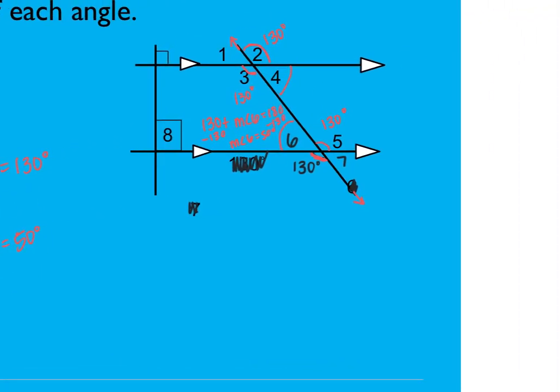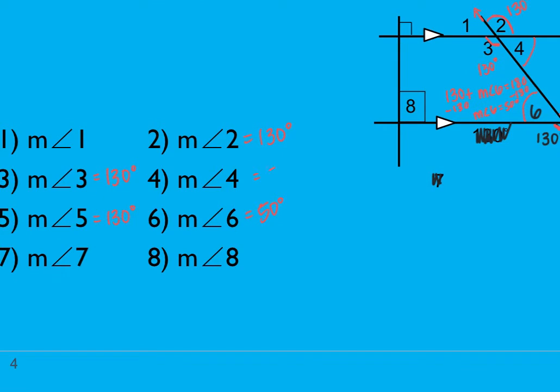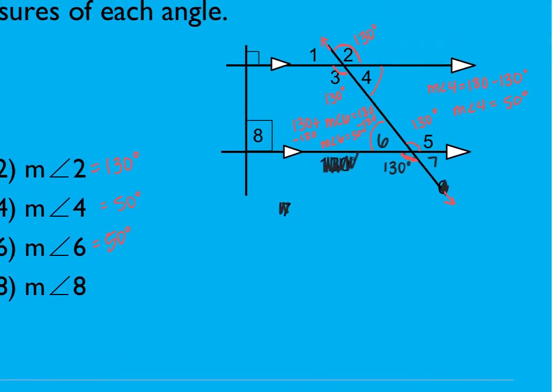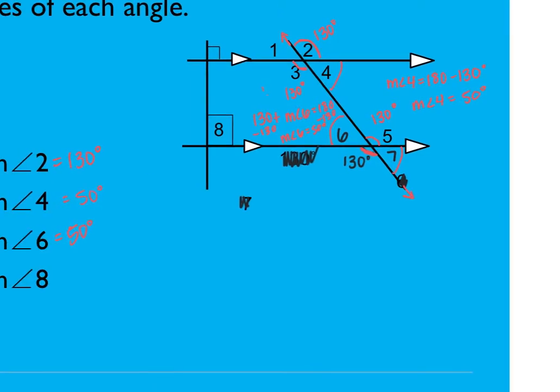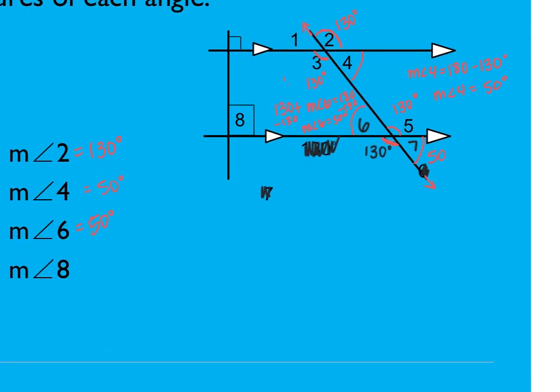Same thing for this one. So the measure of angle 4 is going to be 180 degrees minus the 130, which was the measure of angle 5. So the measure of angle 4 is also 50 degrees. And then the measure of angle 7. Well, if 6 is 50, 7 is a vertical angle to 6, so 7 must also be 50.